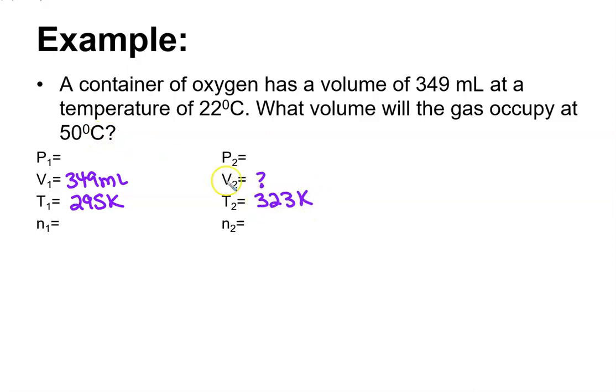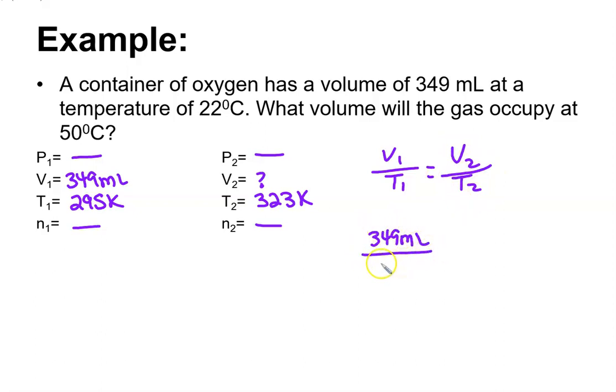And because it doesn't mention changing the pressure and it doesn't mention changing the moles, we can take those out. So here's our formula. And so we're going to have 349 milliliters over 295 Kelvin equals volume 2 over 323 Kelvin.